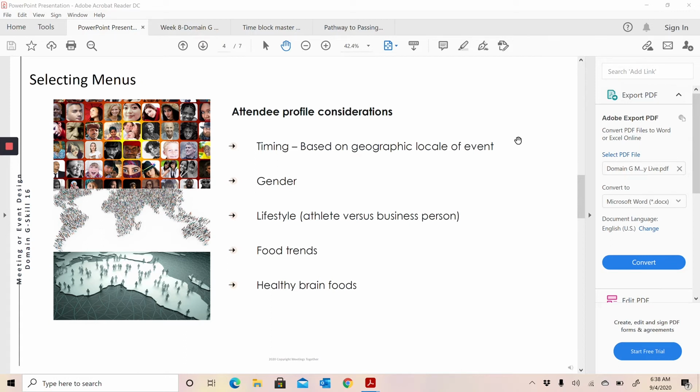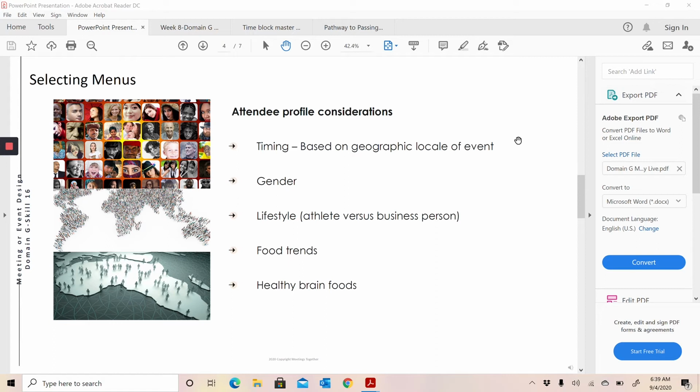Food trends, so kind of what's popular. If you also have local fare, if you're going to be in San Diego, you're going to have maybe a beach theme, something like that. And dietary needs also play into the factor here. We talked about that a little bit. All the gluten-free, dairy-free, hotels are getting really good with making tent cards and really pointing out food allergies, and knowing the difference between a food allergy and a food preference.